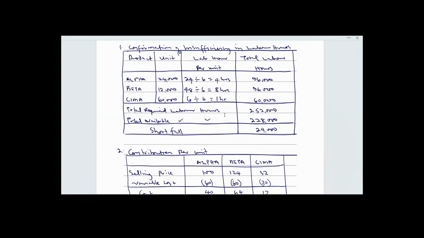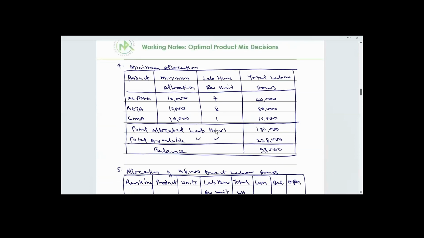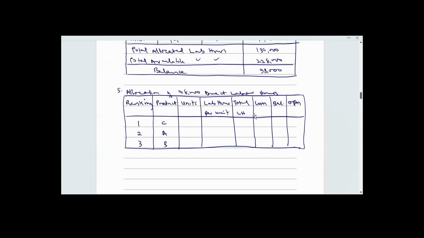Out of the 60,000 units, we are given a minimum allocation of 10,000 units. So we are left with 50,000. So it is 50,000 we are going to put here. Please watch out for this kind of question so that you don't make the mistake of giving out 60,000 units again. Because out of the 60,000, we've already allocated a minimum of 10,000 units.